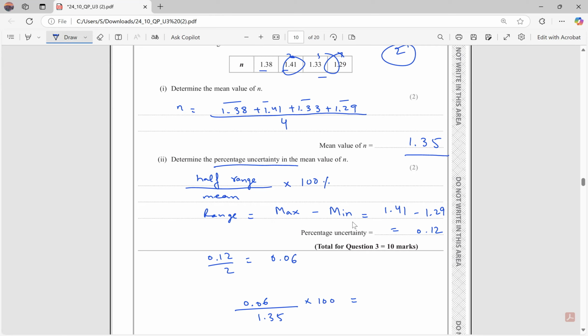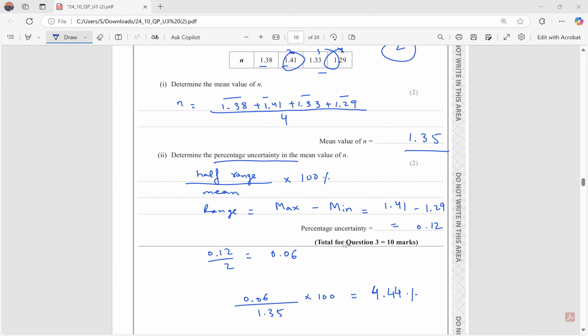So you get 4.44%. So that's the percentage uncertainty.